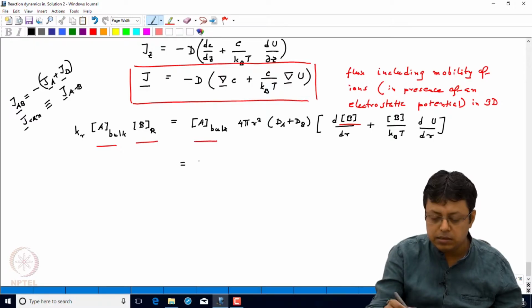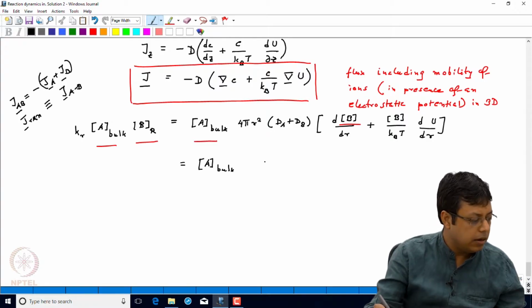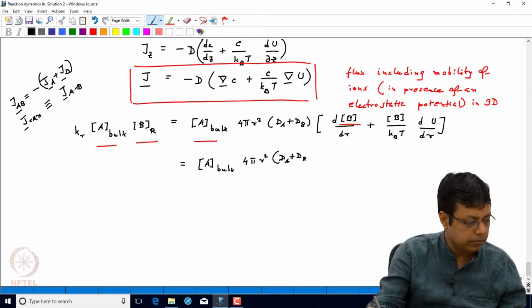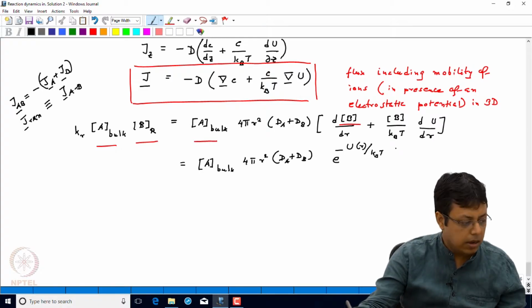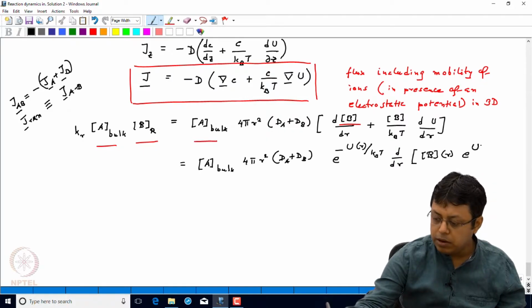Now we can rewrite the right hand side as this. A bulk times 4 pi r square times dA plus dB, and then look at it carefully. I am writing it as e to the power minus ur by kBT, and then d dr of B, where B is a function of r, times e to the power ur by kBT.